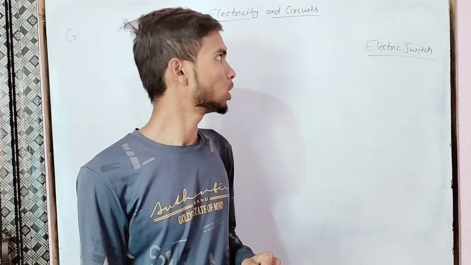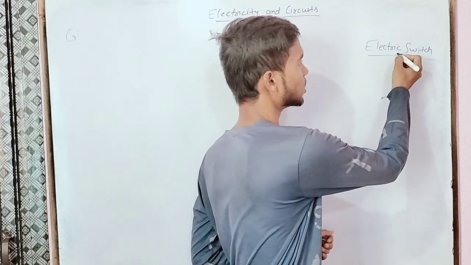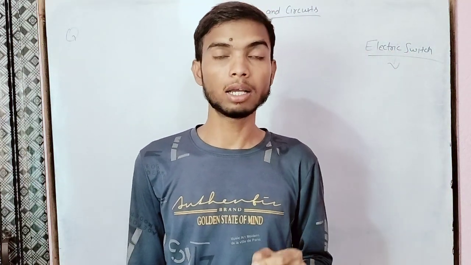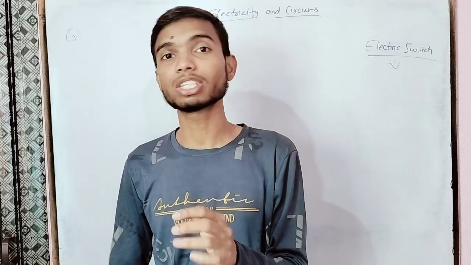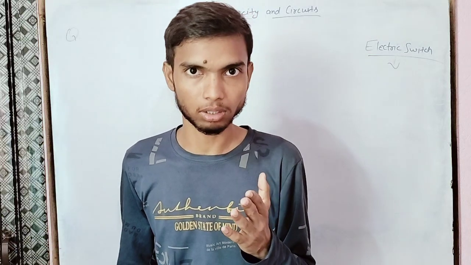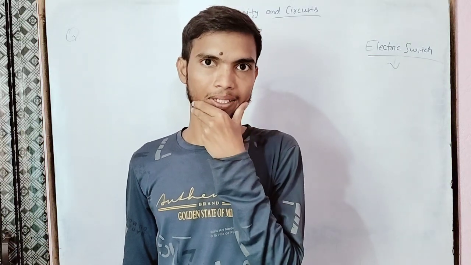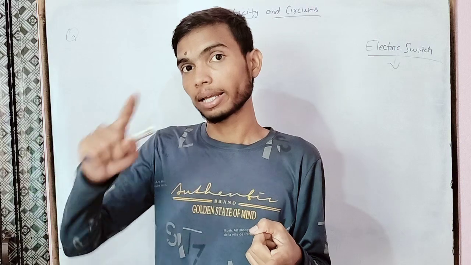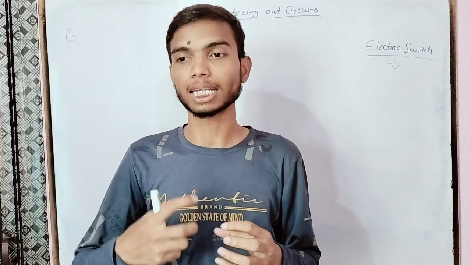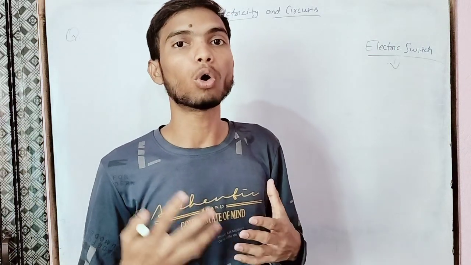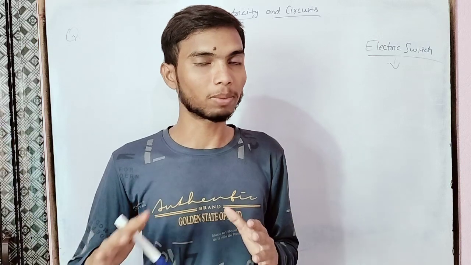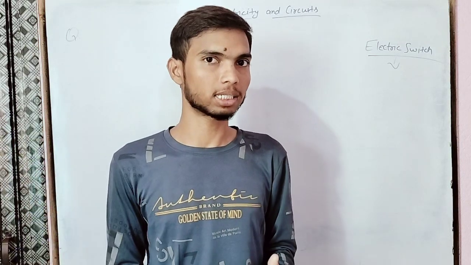So here the main sentence is that the work of an electric switch is to break the closed path of the electric circuit, and second, its work is to complete the open electric circuit.